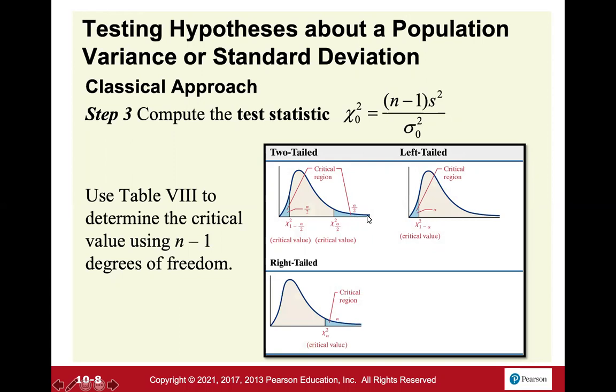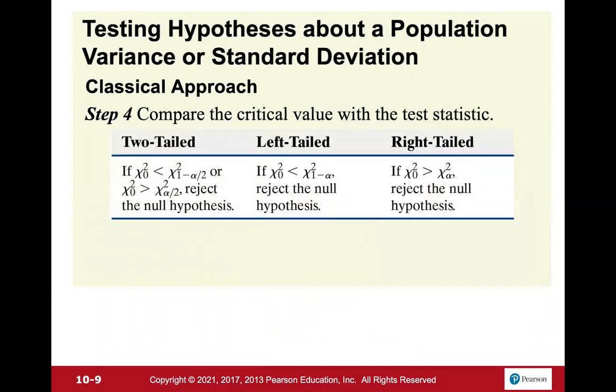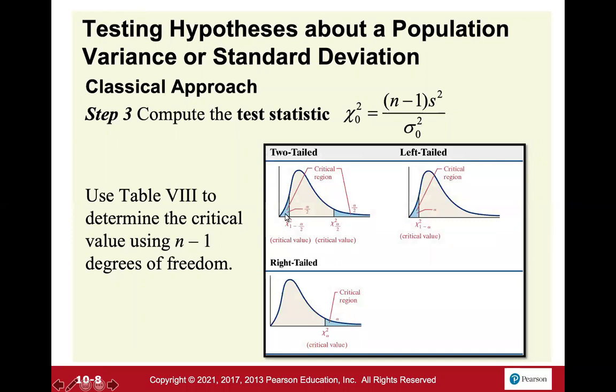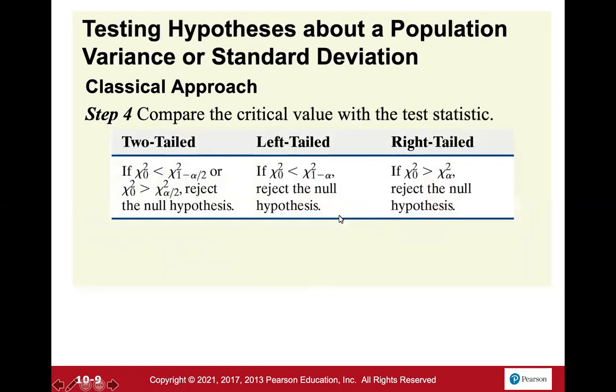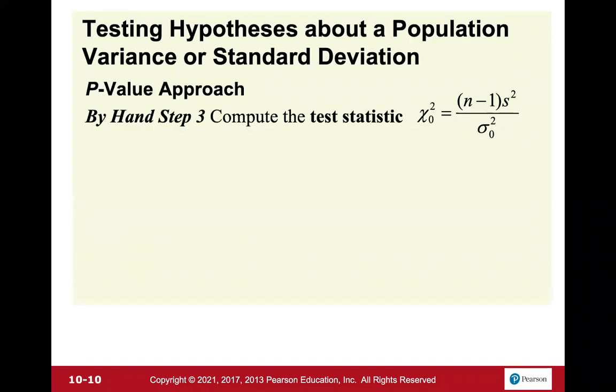If it's to the right of chi-squared right, it's in the critical region. And again, this is just the verbiage of this picture. If we fall in these shaded regions, then we would reject, which is just what they're saying here. And step 5, state the conclusion.